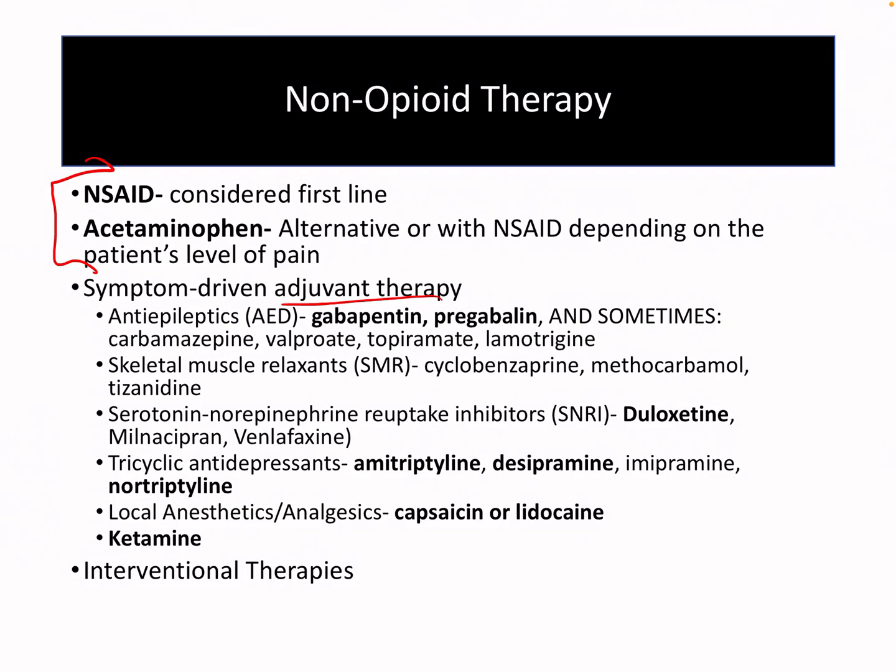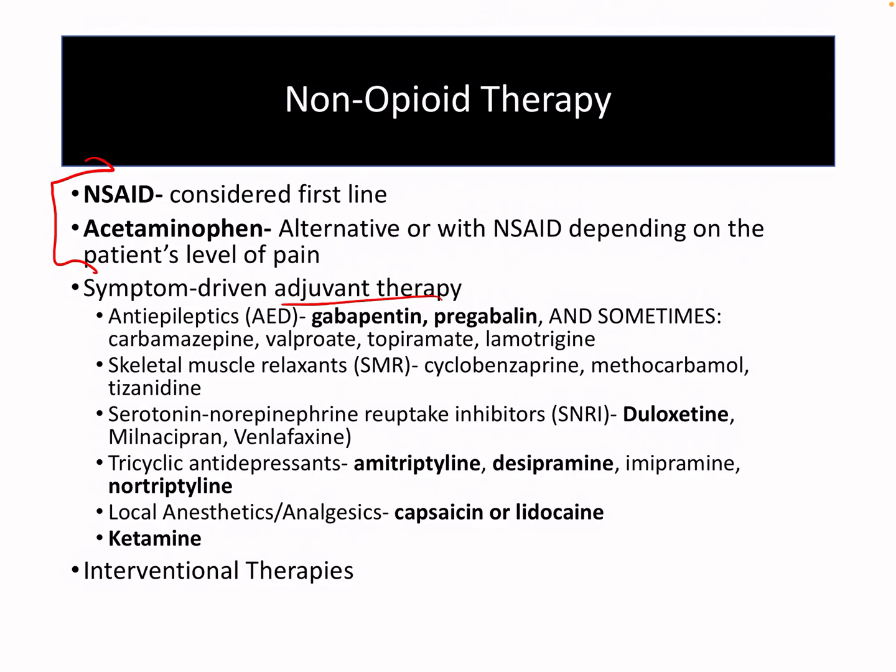That can include anti-epileptics such as gabapentin and pregabalin, and then sometimes some of these other agents, but primarily gabapentin and pregabalin are used. Skeletal muscle relaxants such as cyclobenzaprine, methocarbamol, and tizanidine. Serotonin norepinephrine reuptake inhibitors, also known as SNRIs, the primary one used being duloxetine.